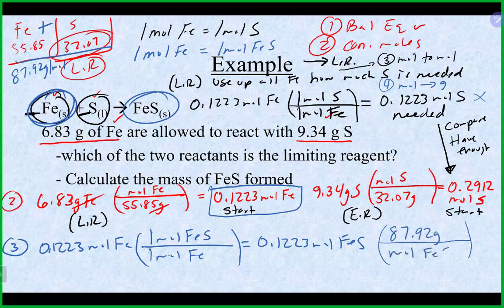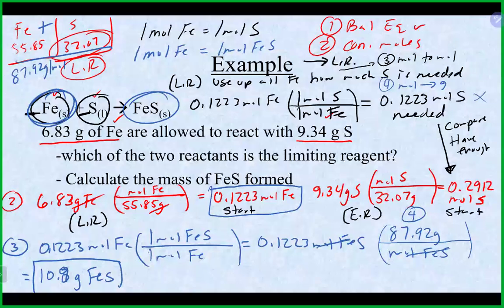And again, this number came from the periodic table. The moles will cancel. And that's really our 4th step there. And that's going to get us approximately 10.7, I'll call it 10.8 grams of FeS. And this again would be our theoretical yield.